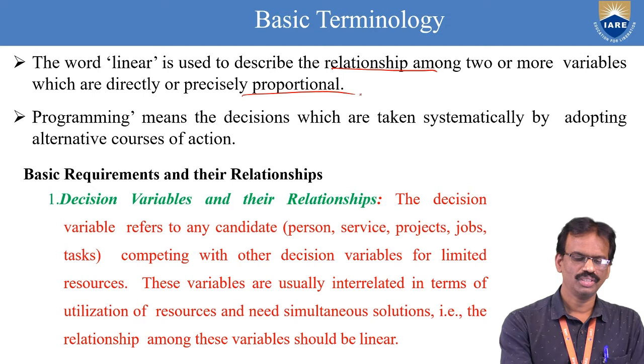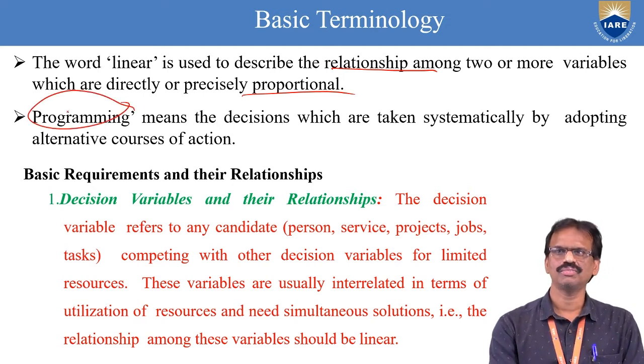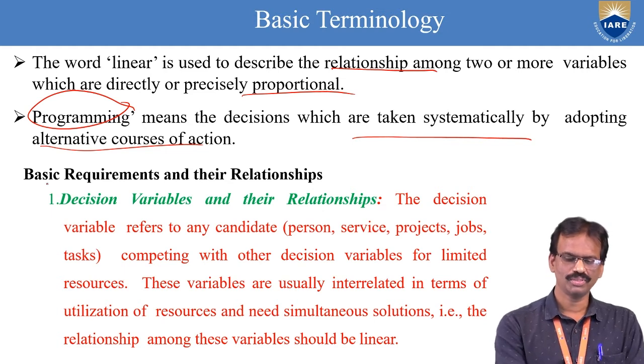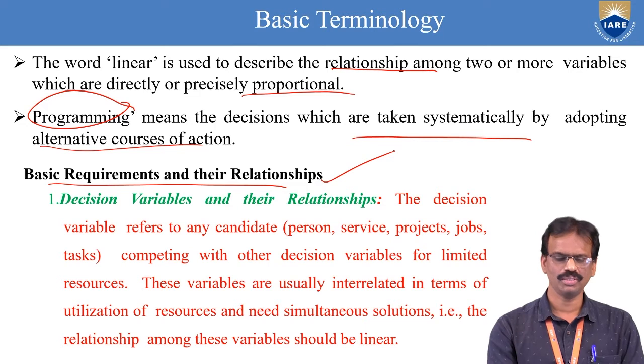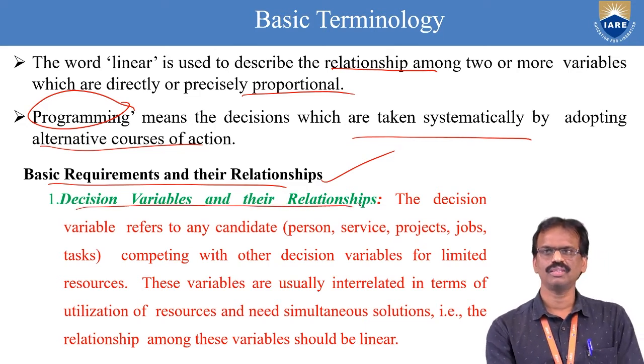Programming means decisions taken systematically by adopting alternative courses of action. These are the basic requirements and their relationships, which are very important. The first point is the decision variables and their relationships.